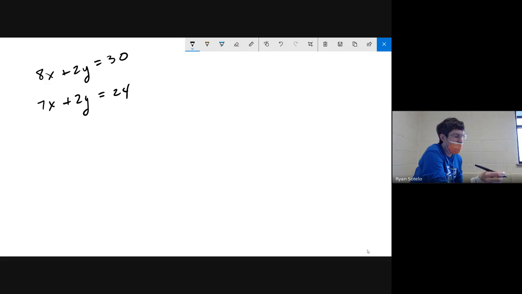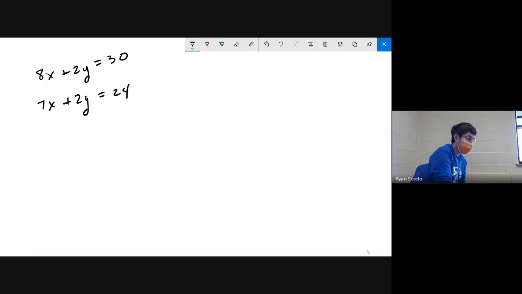You gotta get the y by itself. Well, first, in order to solve an equation, we need one equation with one variable. So right now, we need to combine these two equations so that we can get rid of a variable. So do you subtract the 7x from 8x?